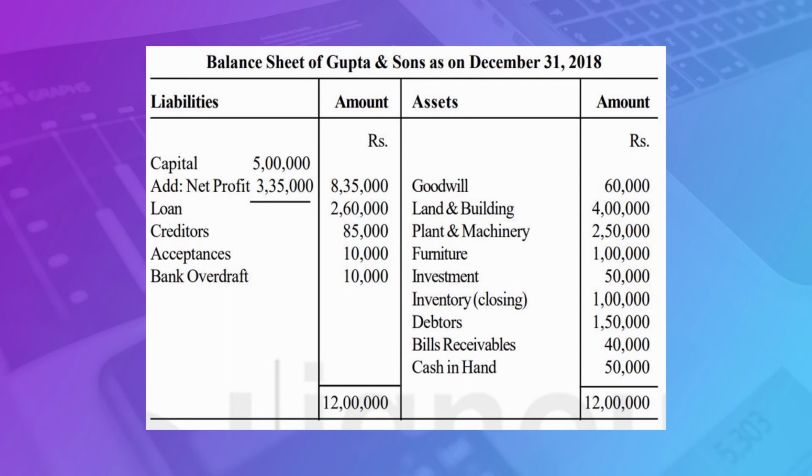So, dear learners, as I had told you, in capital we generally add the amount of net profit and subtract the amount of net loss, and the amount of drawings, if any, will also be subtracted from the amount of the capital.